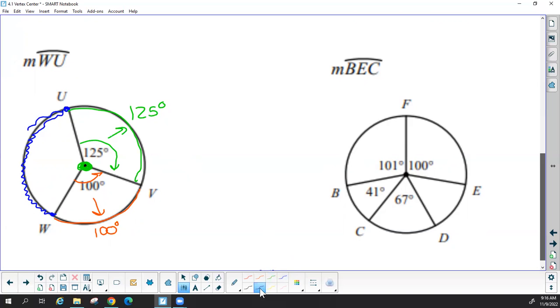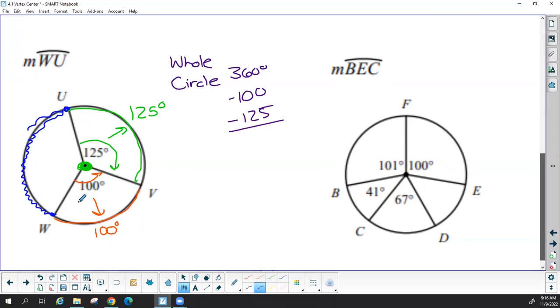What I said at the beginning of the lesson was the whole circle is 360 degrees. You can see my blue arc, my orange arc, and my green arc. If I put them all together, they make the whole circle. So I'm just going to subtract 360 minus 100 and then minus 125, and I can figure out how big my blue arc is.